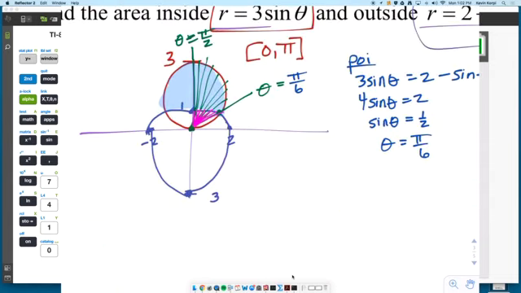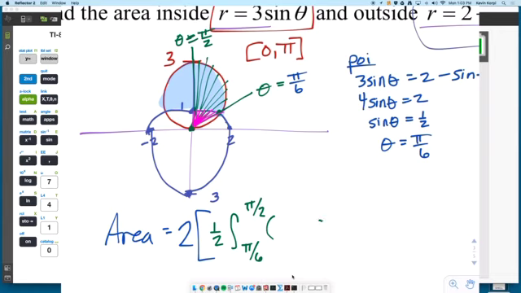Okay, so let's go ahead and set it up. The area is going to equal, and I am using symmetry, right? It's just easier to do so. So I'm going to double it with a beefy bracket. And let's do the green one first. I'll color code it. It's 1/2 the integral from pi 6 to pi halves of r squared d theta.